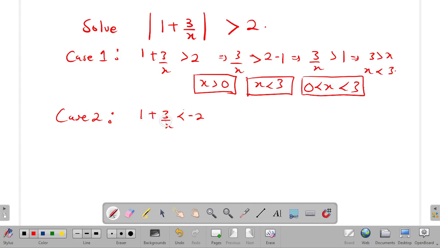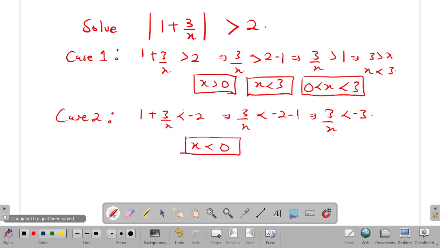So for 1 plus 3 over x is less than negative 2, you're going to have 3 over x is less than negative 2 minus 1, right? You're going to have 3 over x is less than negative 3. At this point, for 3 over x to be less than negative 3, it means that x is supposed to be less than 0, right? You're going to have negative values, right? So here you see x is less than 0 as our first box.